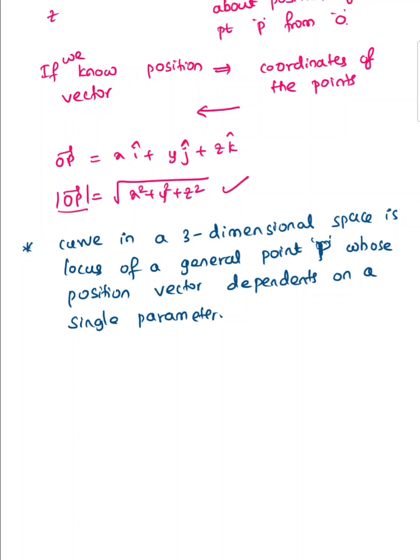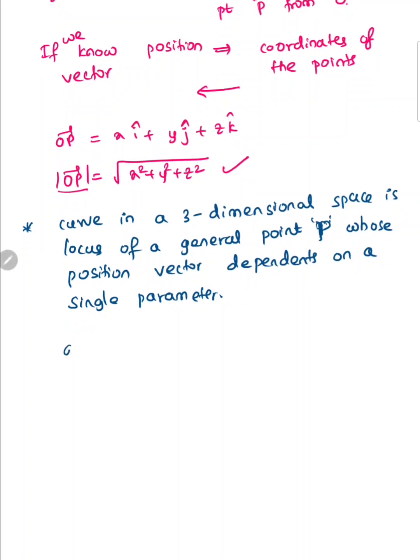As I said, a curve in three-dimensional space is a general point P whose position vector depends on a single variable. Therefore, we will write the position vector OP as, I am taking it as r, equal to xi plus yj plus zk. This is such that x, y, and z are functions of a single parameter.